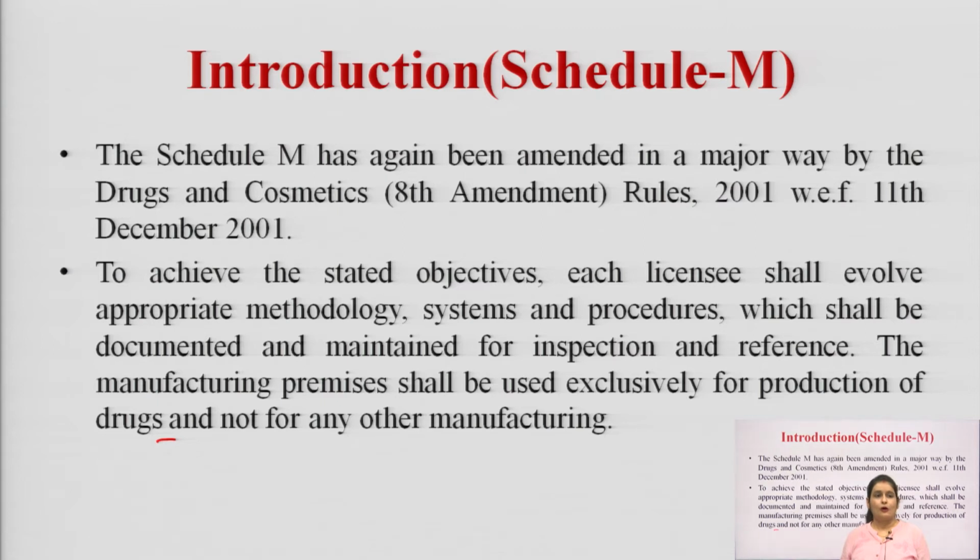The main objective of this 2001 amendment is that each licensee shall evolve appropriate methodology, systems and procedures which shall be documented and maintained for inspection and for reference. The manufacturing premises shall be used exclusively for the production of drugs and not for any other manufacturing.